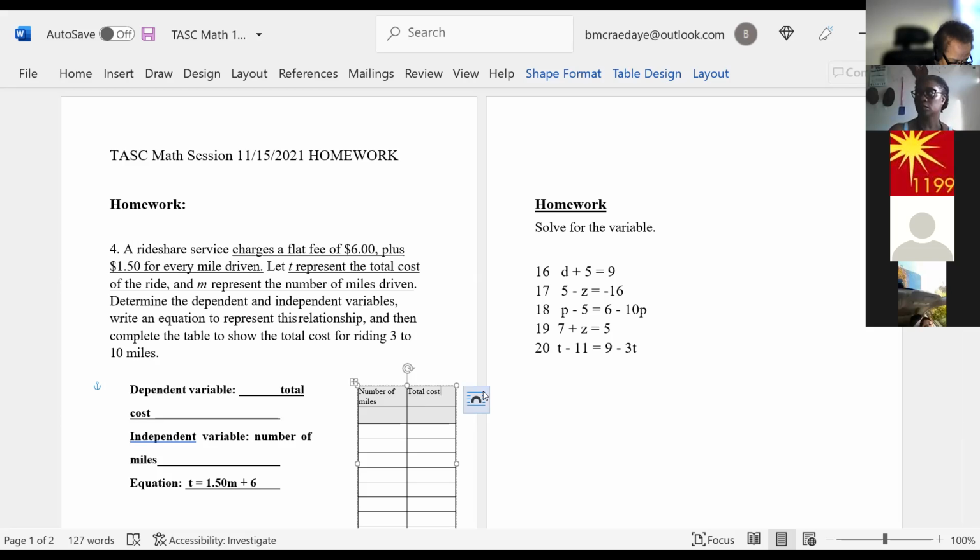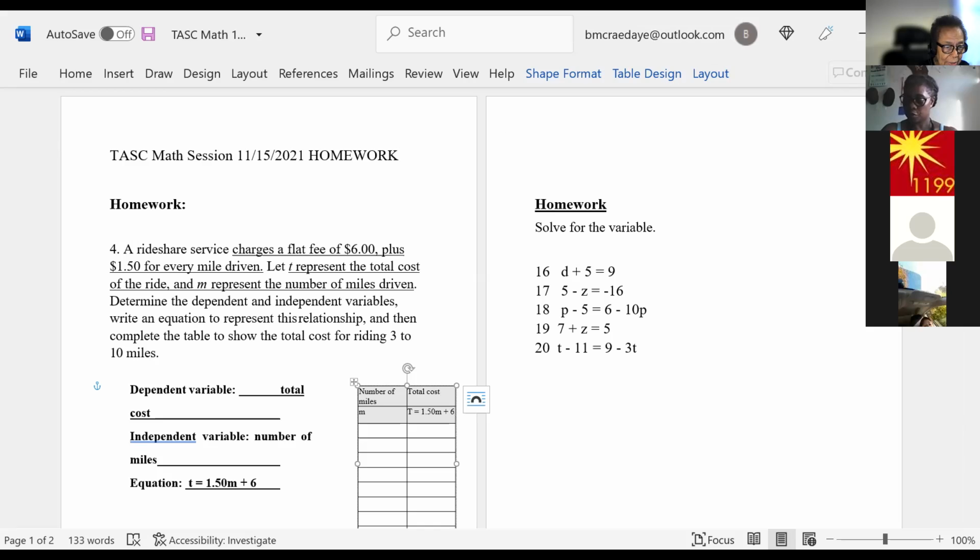And we are given that the number of miles is M. So this is M. And the total cost is T. T equals 1.50 M plus 6.